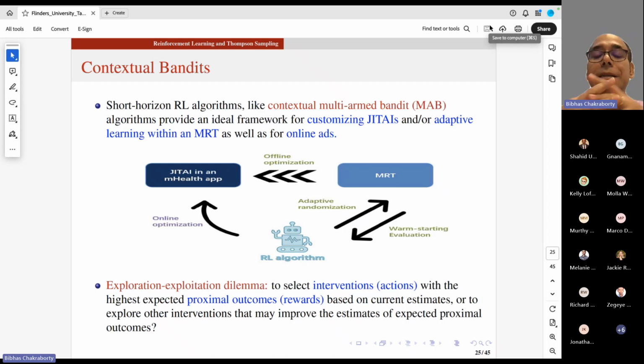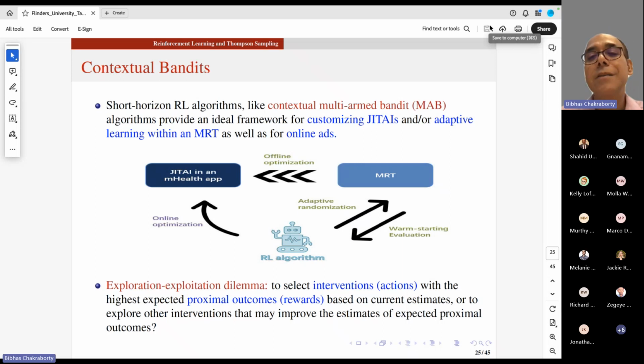So that's the dilemma these algorithms face, and there are various ways to deal with it and change that allocation, randomization. In fact, this adaptive randomization versus deterministically picking something is an implication of this dilemma.